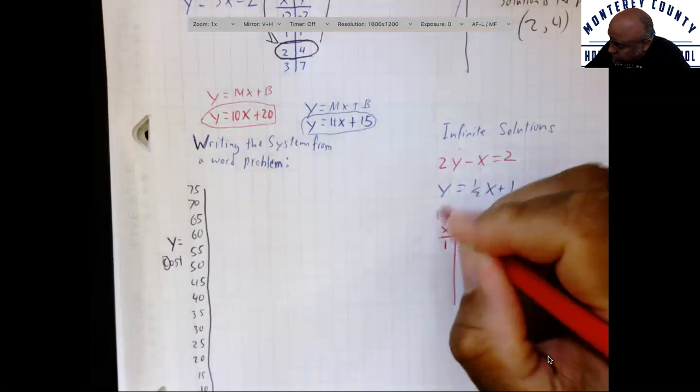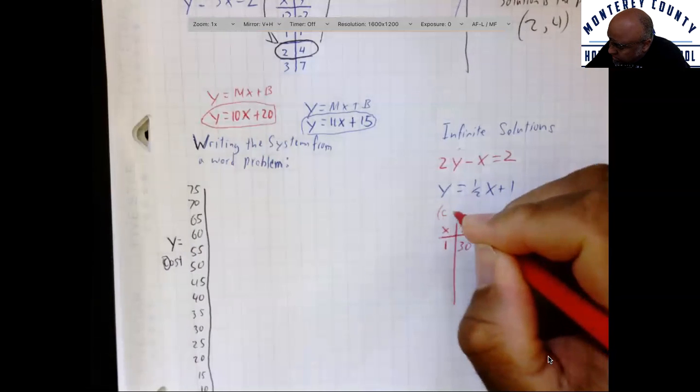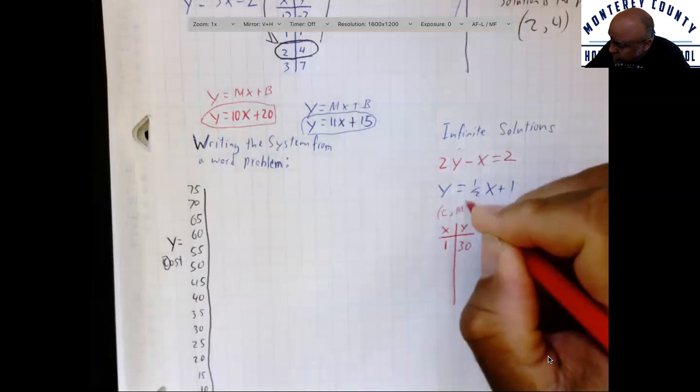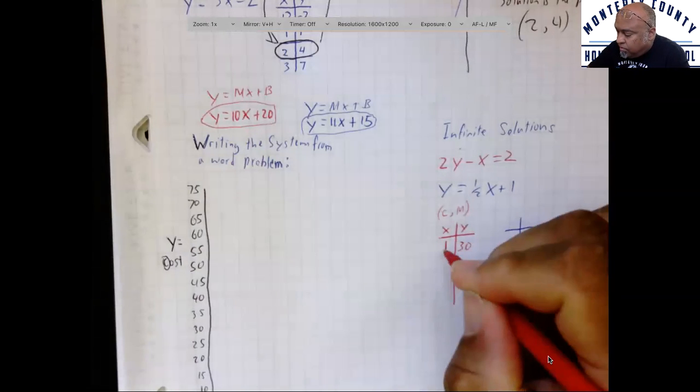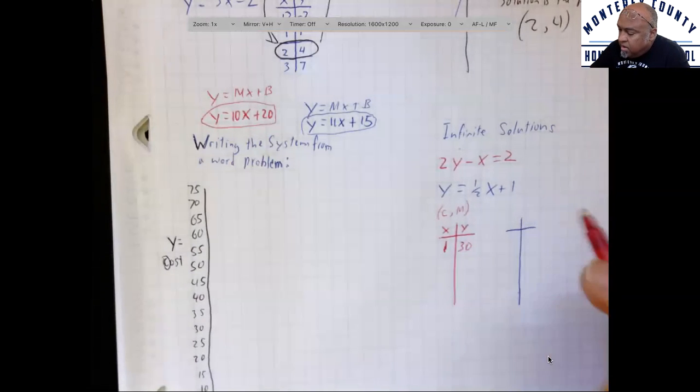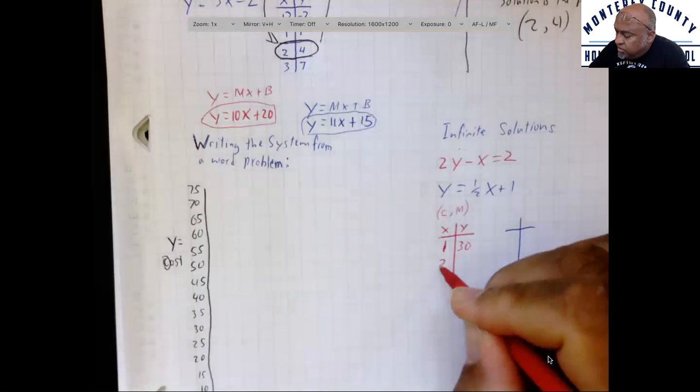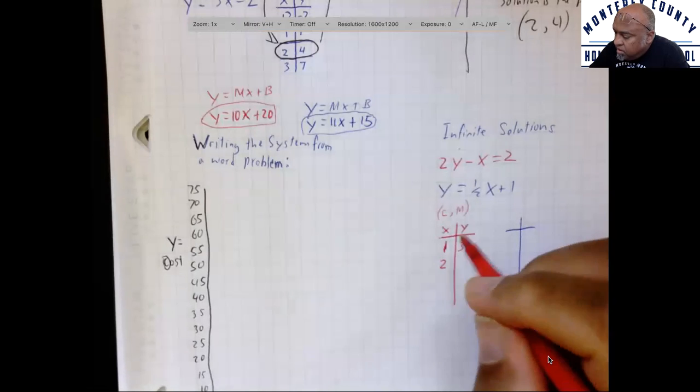And I'll just put in parentheses here, C and M for cost and months, just so that you know. But I'm going to continue to call it x and y just because it's easier to think in terms of the mathematic letters.